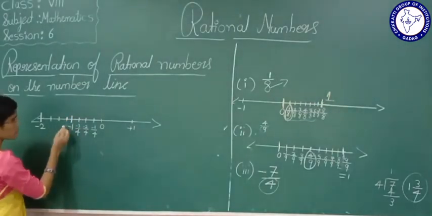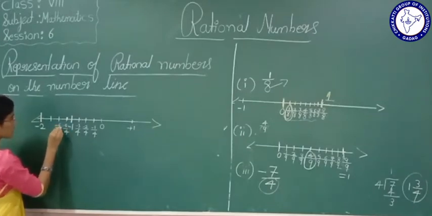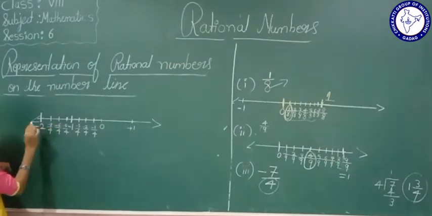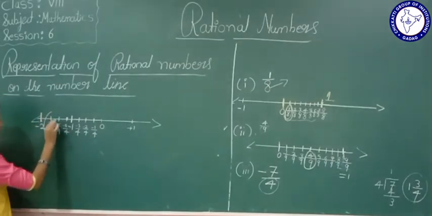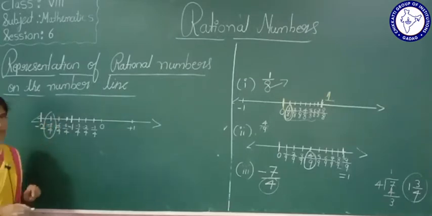This will be minus 5 by 4. This will be minus 6 by 4. This will be minus 7 by 4. Minus 8 by 4 is minus 2. Your representation of minus 7 by 4 is here.